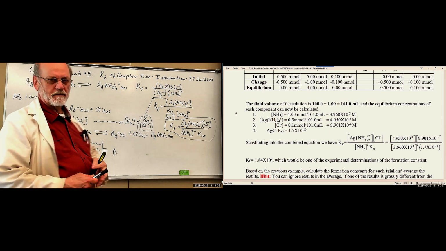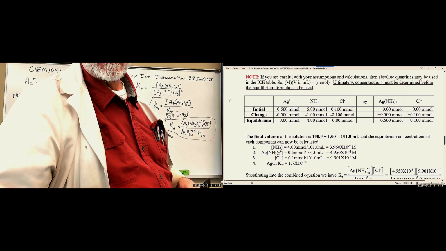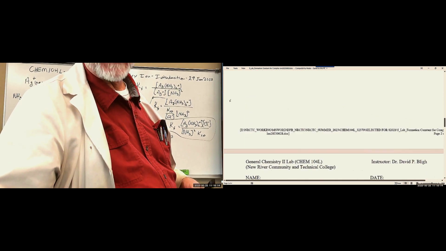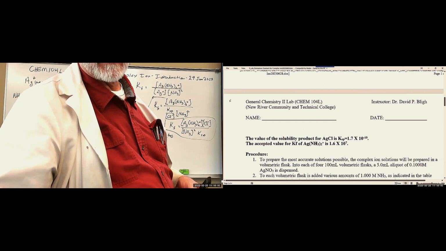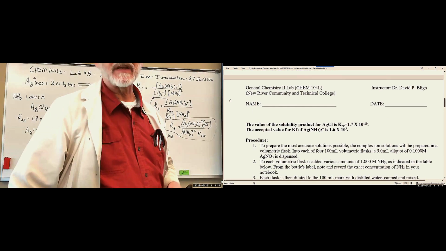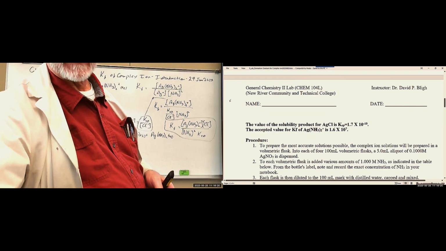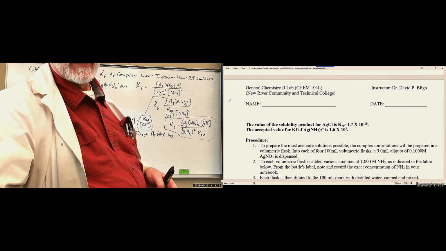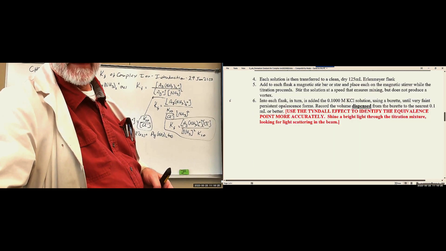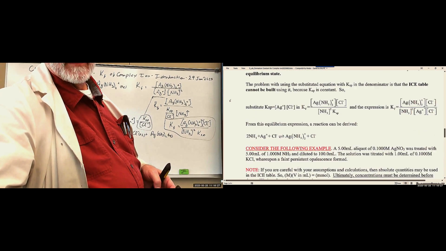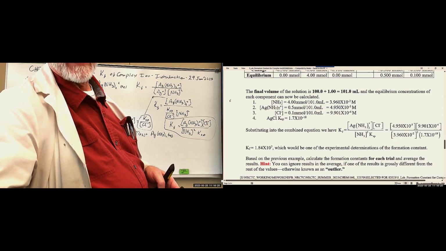Oh, it's not there. It's up here. Accepted value. There it is. 1.6 times 10 to the 7 is the accepted value. All right, so that's the one you would compare to your value when you get it.